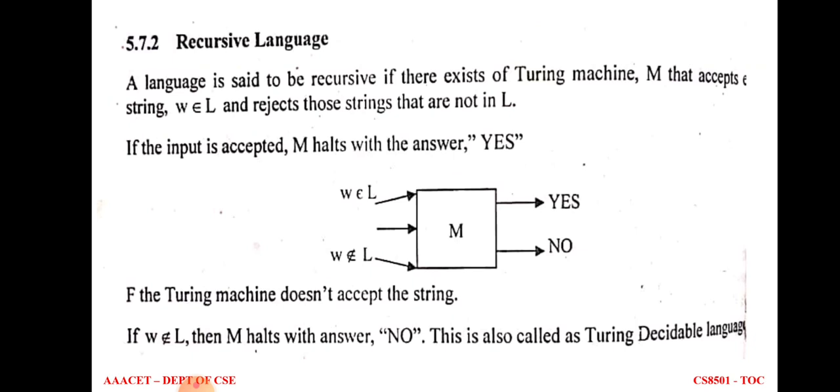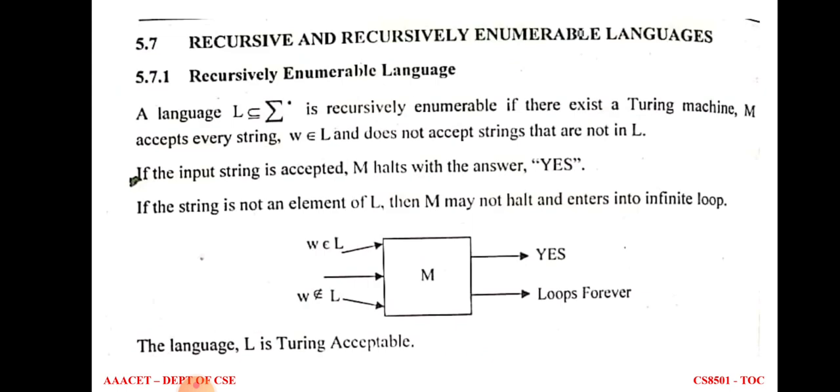In recursive language, the Turing machine should halt its operation with either yes or no. But for recursive enumerable language, the Turing machine halts only if the input string belongs to the language. If the input string does not belong to the language, then the Turing machine does not halt its operation. It goes to the infinite loop.